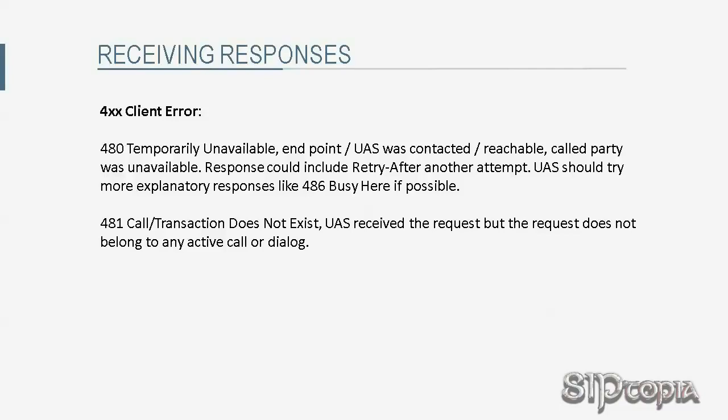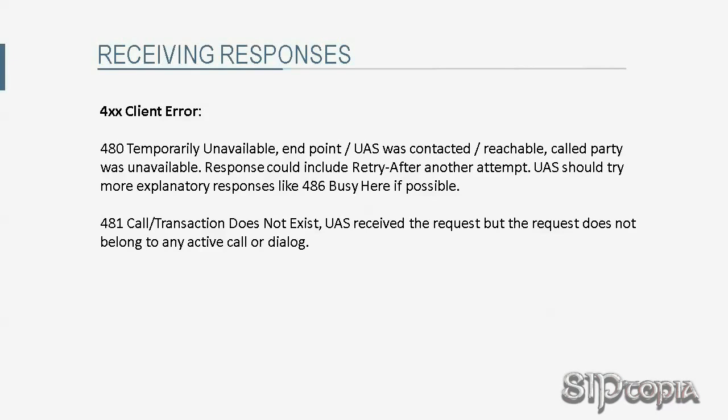It is recommended that the user agent server tries to use more explanatory responses, like 486 Busy Here, if possible. Well, if Jane has a do not disturb feature enabled for her SIP phone and Tarzan calls her, Jane's SIP phone could respond with a 480 Temporarily Unavailable.